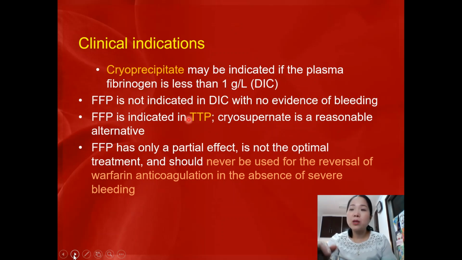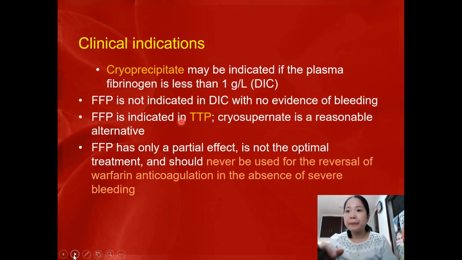Now, in patients with thrombotic thrombocytopenic purpura or TTP, where you have a deficiency or a decrease in your ADAMTS13, you have your von Willebrand factor complexes that may complex with your platelets and some coagulation factors, hence producing thrombocytopenia and prolonged PT-PTT at times. You may give FFP to these patients.